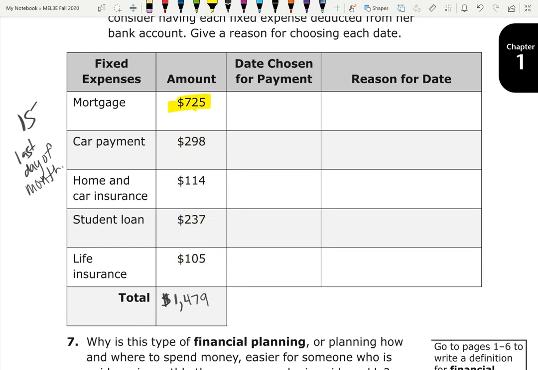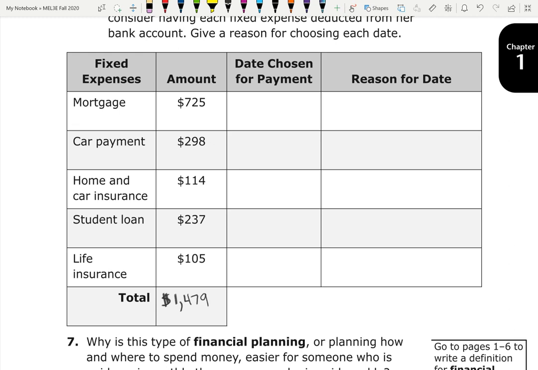So just to split this up between her 2 paydays, the 15th and the last of the month, I'm going to arrange that she's paying half of these fixed expenses on one payday and half on the other. I'm not going to schedule them all on the same day, just in case you have other expenses that come up.